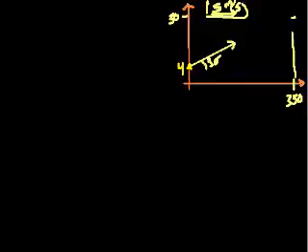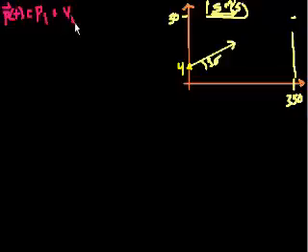We can write the equation that I had written before: the position at any given time, as a function of t, is equal to the initial position, plus the initial velocity times t, these are all vectors, plus the acceleration vector over 2 times t squared.